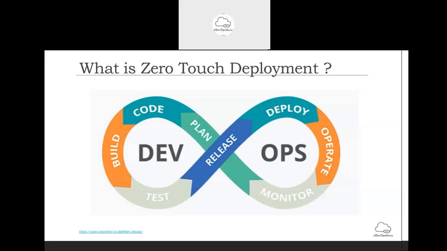So when we say zero touch deployment, it is basically utilizing DevOps pipelines to automate some or most of the things which are repetitive. Then we also add a loopback feedback mechanism. That feedback goes to the concerned person whenever one step happens, so they know.